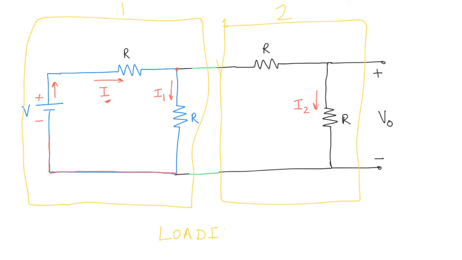Loading is the phenomenon of a circuit that is connected to the first circuit changing the output of the first circuit, right? So circuit 2 changes the behavior of circuit 1, or in other words, circuit 2 is loading circuit 1, and therefore circuit 1 does not behave as it would if it had been an independent circuit.